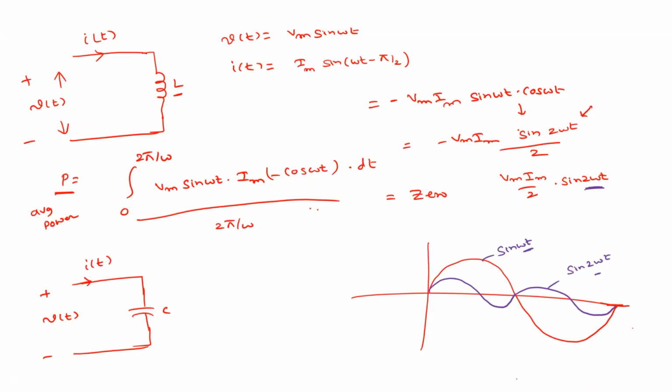When you take the average over one cycle, this value is 0 because the positive half cycle and negative half cycle cancel. This waveform is symmetrical. So this is the instantaneous power P of t.